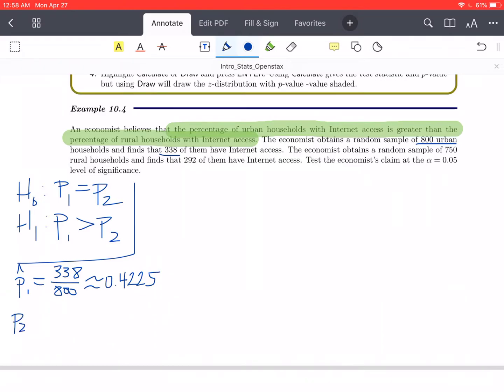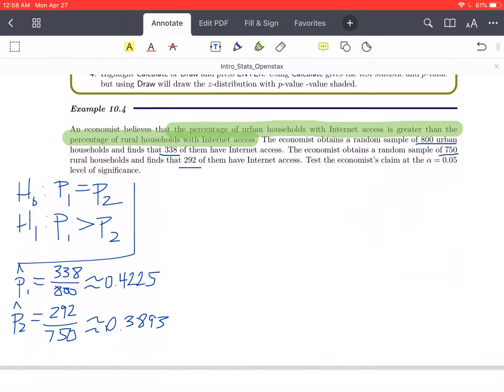And p2 hat, that is, we have a random sample of 750 rural households, and 292 of them have internet. So 292 out of 750, which is approximately 0.3893. Okay, so we got p1 hat, p2 hat. So let's just run those down over there.